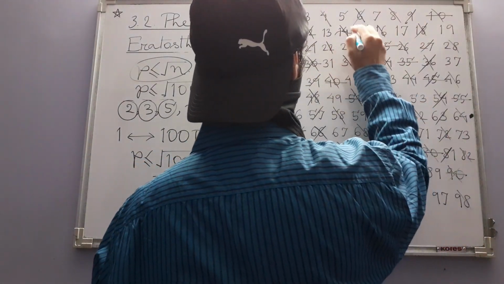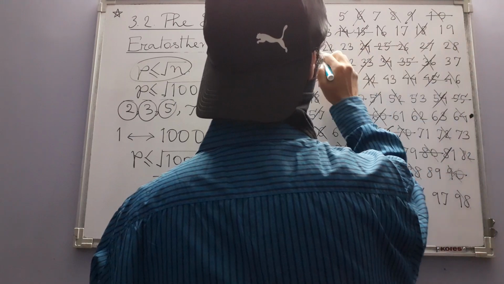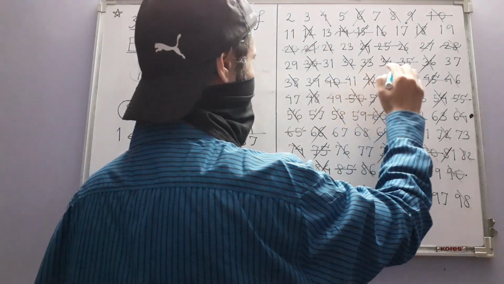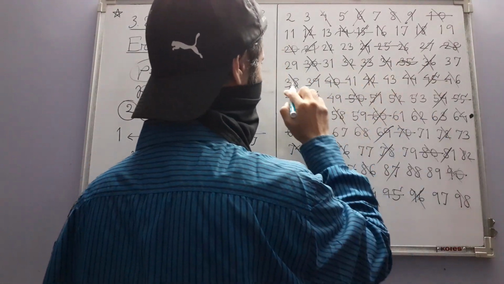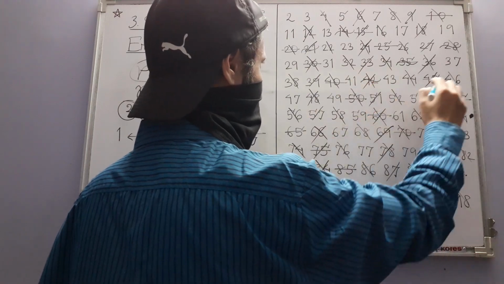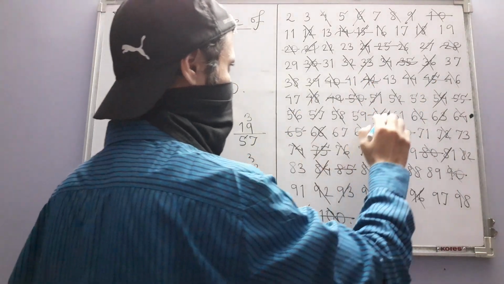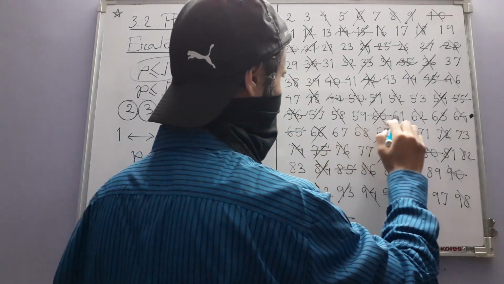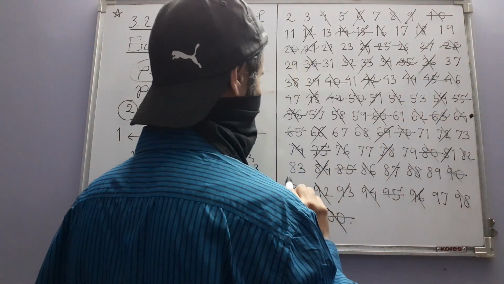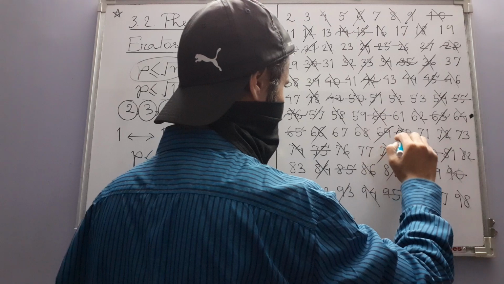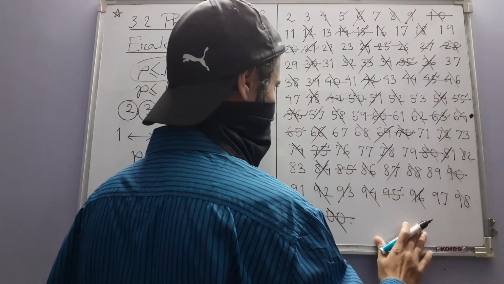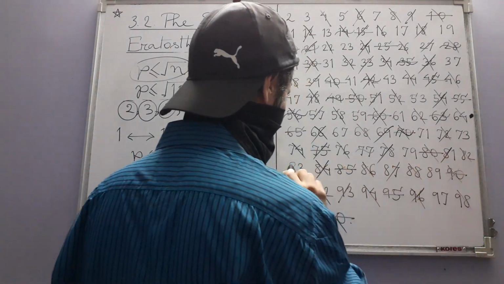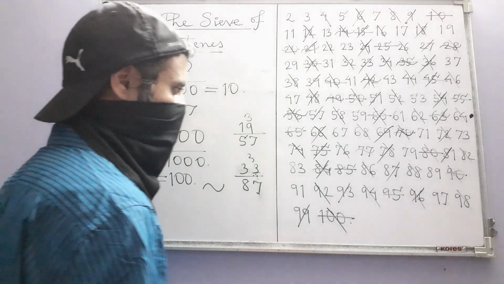So 7, 14, 21, 28, 35, 49, 56, 63, 70, 77, 84.